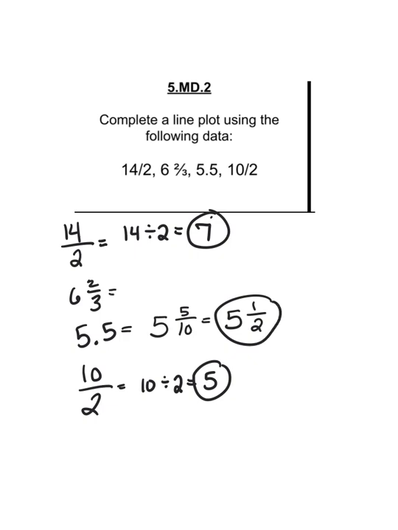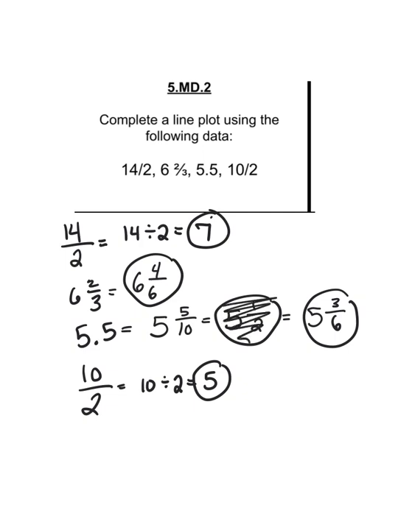Actually, all right, so 5.5, I'm going to put that in sixths. So that'll be 5 3/6, because 6 2/3 I can put as 6 4/6. So now we have a common denominator to work with. So we have 6 4/6, 5 3/6, 7, 5.